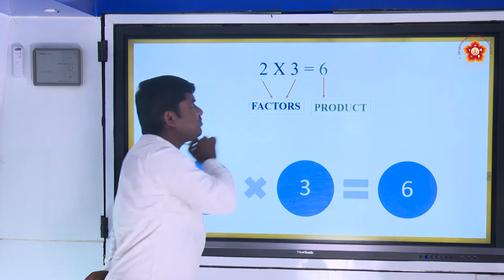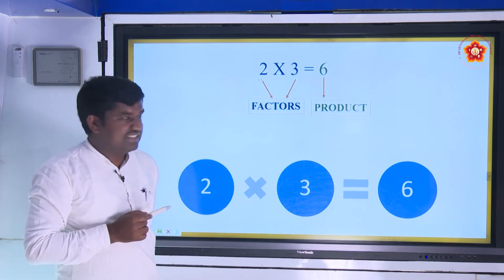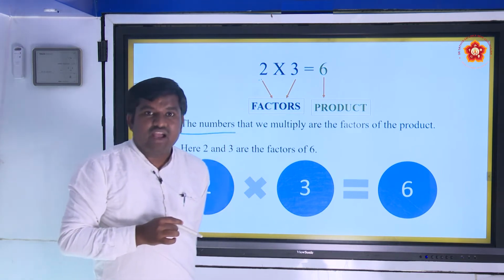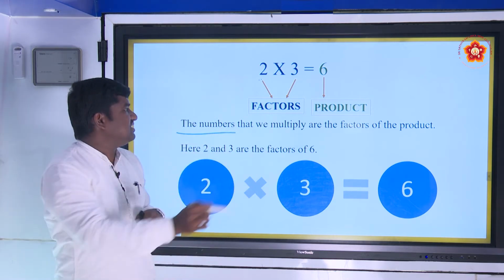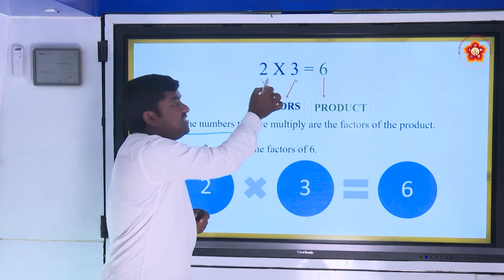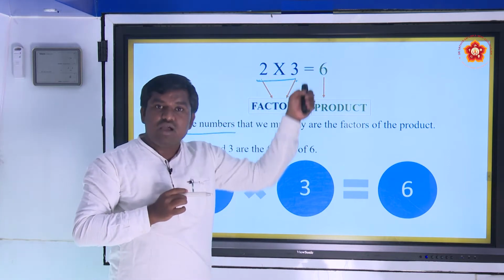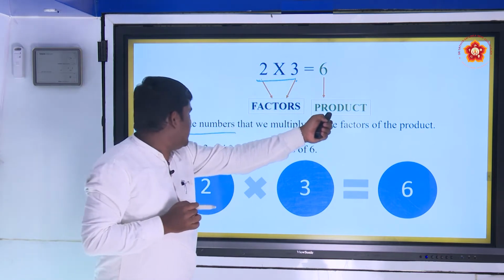So 6 is the product, and 2 and 3 are factors of 6. The numbers that we multiply are factors of the product.